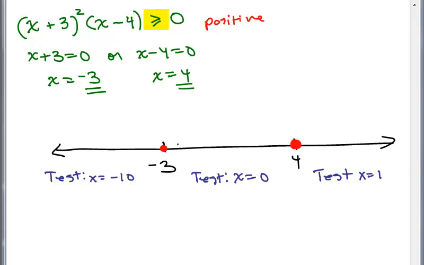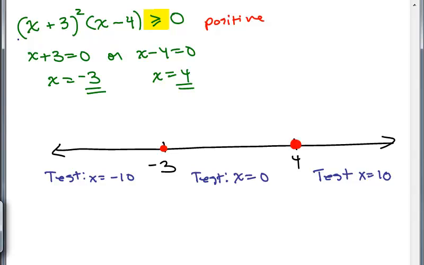We find our critical points, -3 and 4. And since it's greater than or equal to 0, we know that -3 and 4 has a dot on it to show that's a solution. Our test points are the same as well. We could just pick any number to the left of -3, any number in between -3 and 4, and any number bigger than 4, this was 10 over here, so let's say x equals 10.